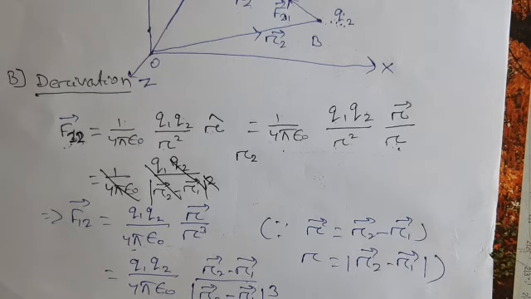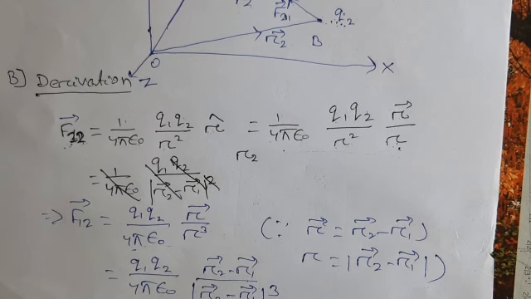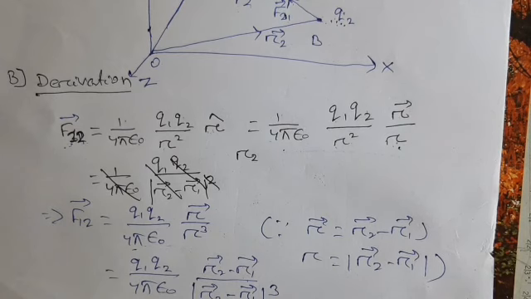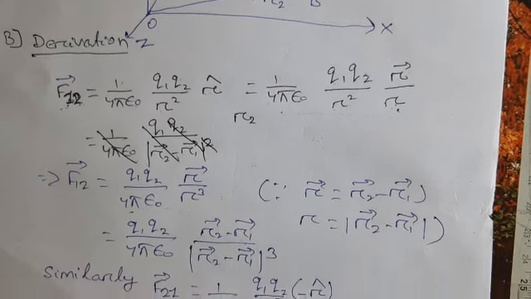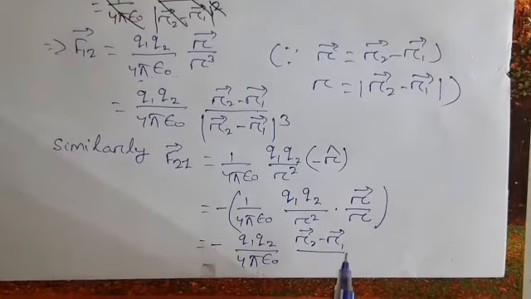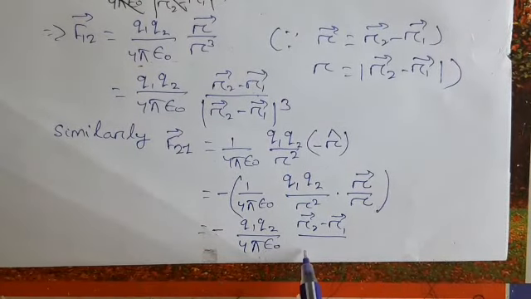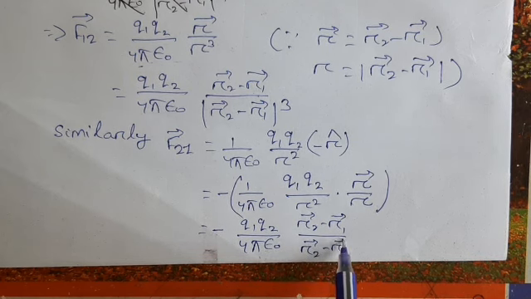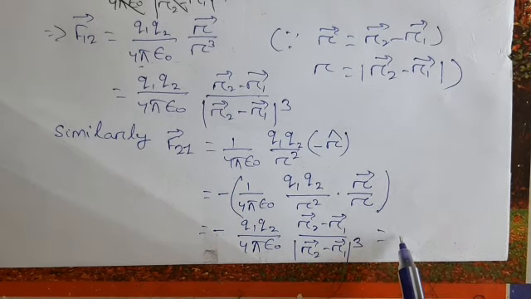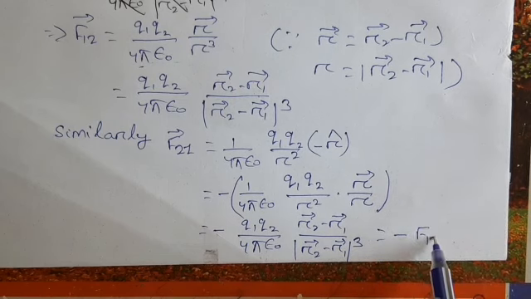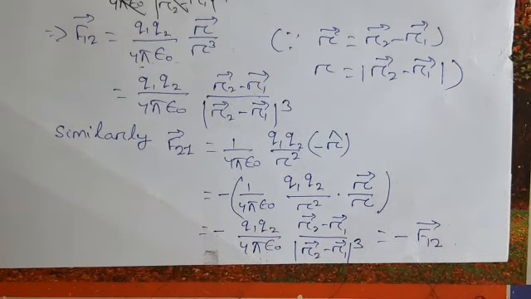Or I can write minus of q1 q2 by 4 pi epsilon naught, r2 vector minus r1 vector divided by the mod of r2 vector minus r1 vector to the power cube, or I can write minus of F12 vector.